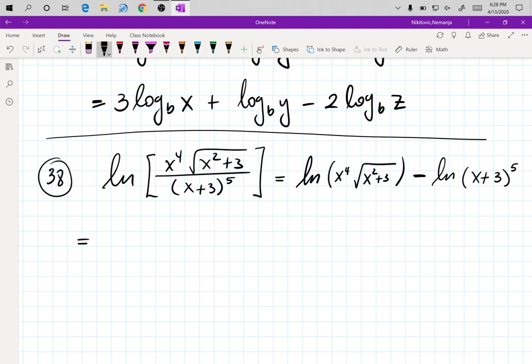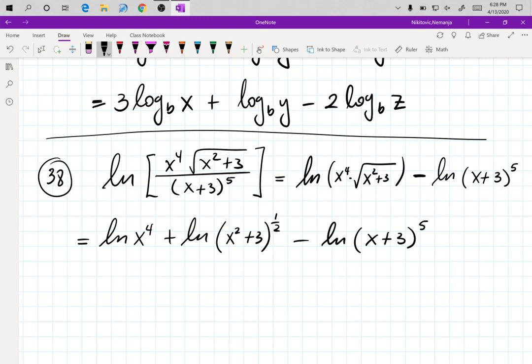In the next step, we have a multiplication, so we'll have addition of the arguments. So ln x to the fourth plus ln square root of x squared plus 3. Well, square root you can write as a 1/2 exponent minus ln of x plus 3 to the fifth.